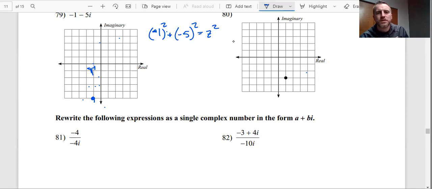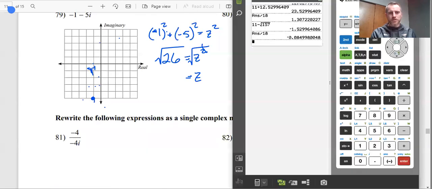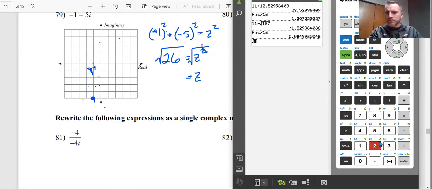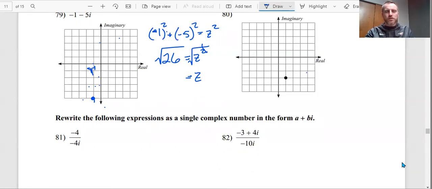That's 26 is equal to z squared. Square root both sides. You get the modulus is equal to the square root of 26. That thing is the square root of 26 units away from the origin. I'll actually find out what that is. Square root 26, 5.1 about.